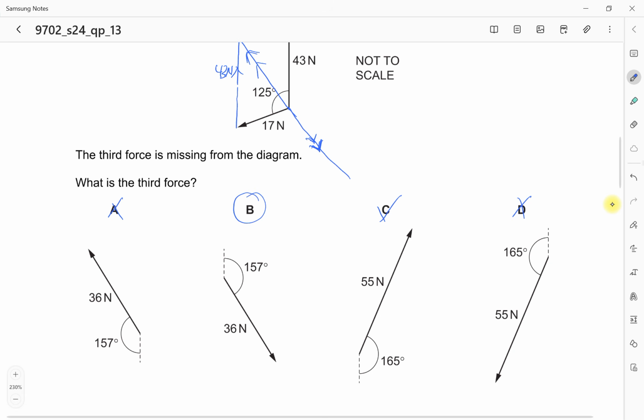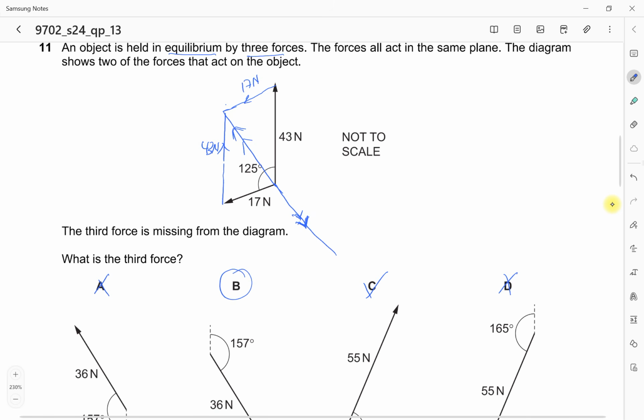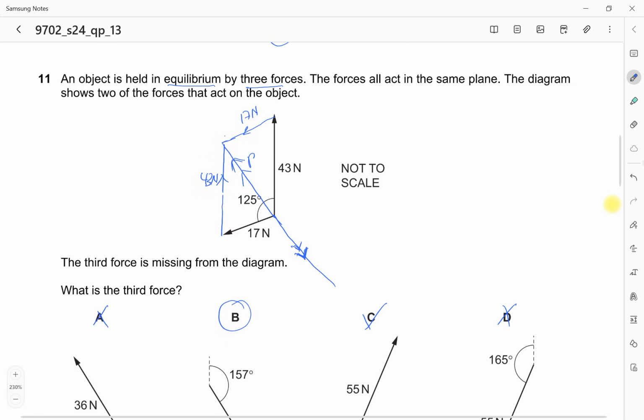If you want to check the magnitude, you can also check whether the magnitude is correct. So the magnitude of that force is the same as this one here, where if this is 125, this angle is also 125, making this angle to be 55, I think. This angle should also be 55 degrees.